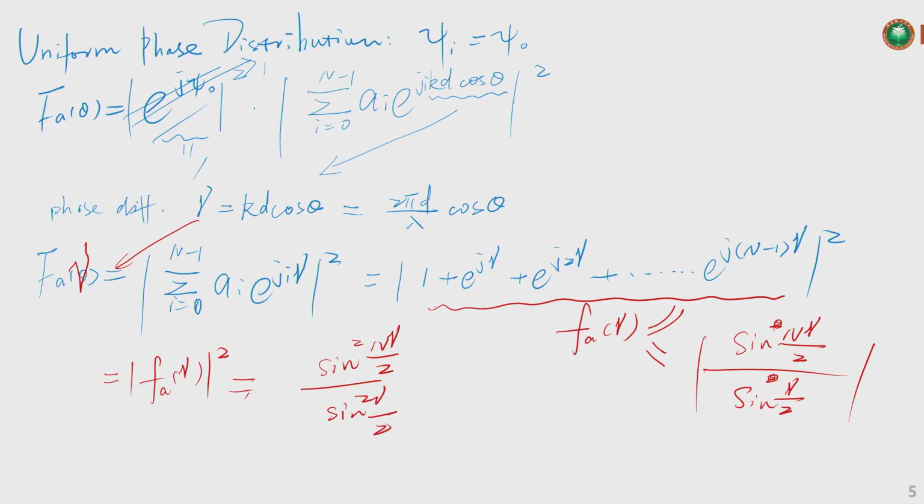Here is the uniform amplitude and phase. However, we really need to plot the normalized pattern.